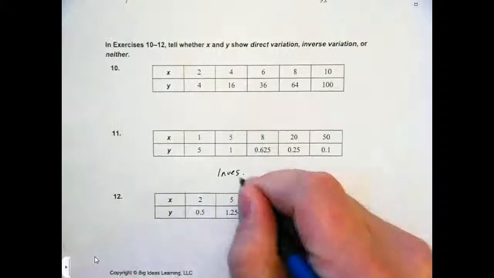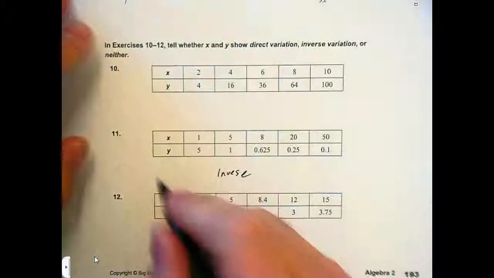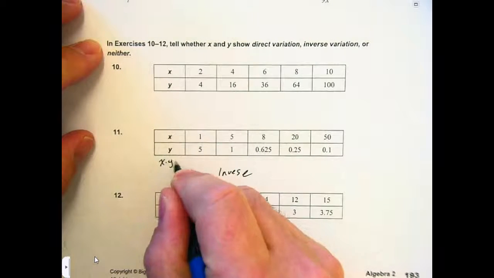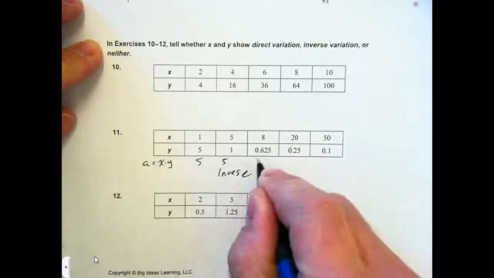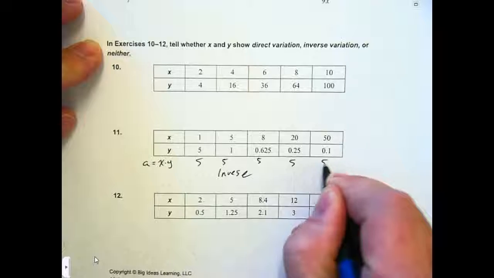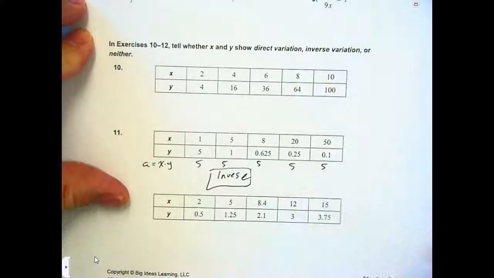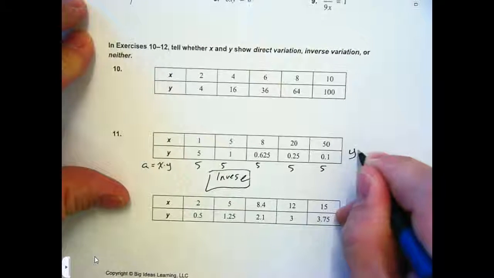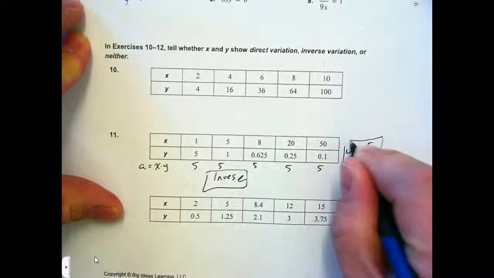Okay, what is the constant of variation? In other words, x times y, which is equal to a, is 5. They all equal 5. Okay, that one's inverse. Constant of variation of 5. If you wanted to write the equation, you go 5 over x and you'd be done. Perfect.